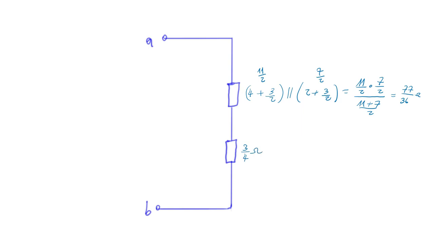So that means the total resistance, that's the resistance between A and B, will just be the sum of these two resistors, so 77 over 36 plus 3 over 4, and that simplifies to 26 over 9. That is roughly 2.89 ohms.